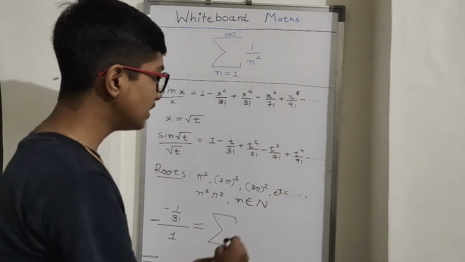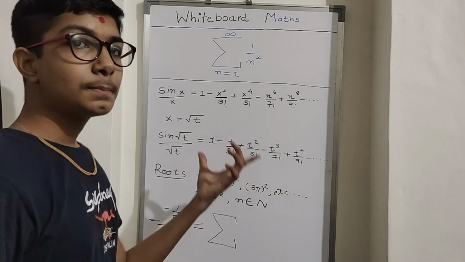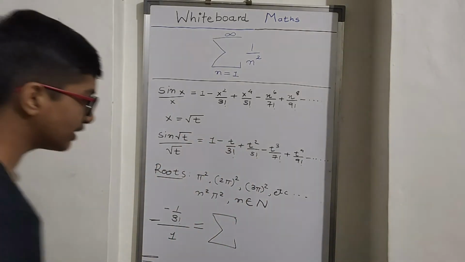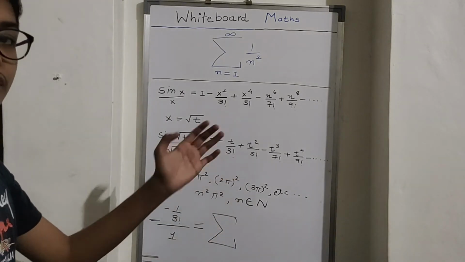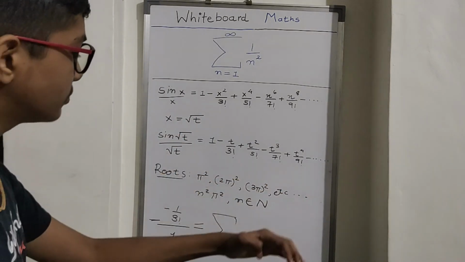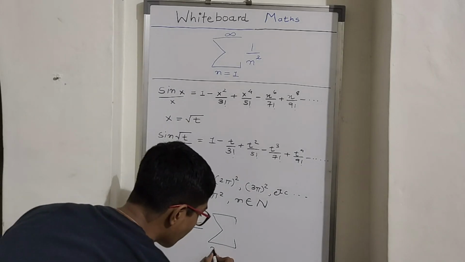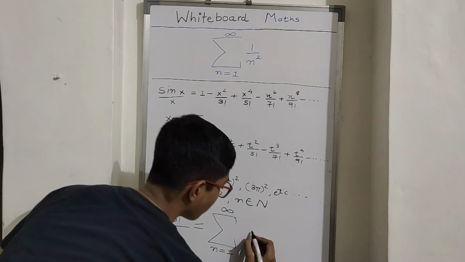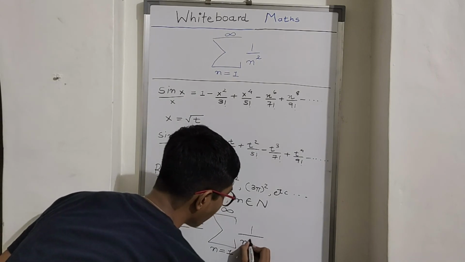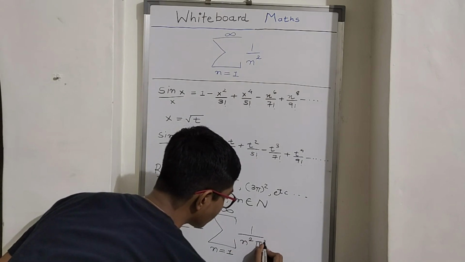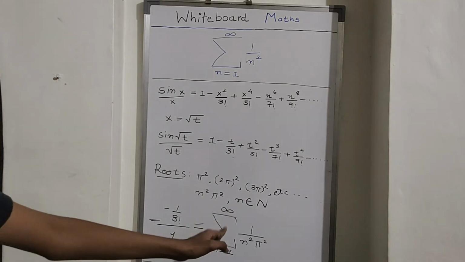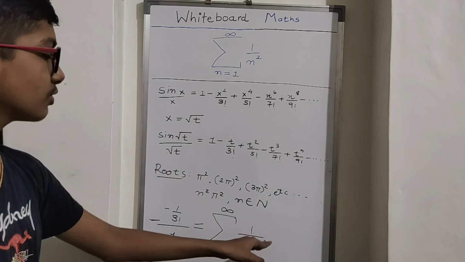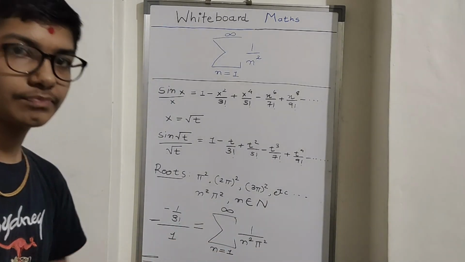So we could safely take it as a polynomial of infinite degree, and now here we will get the sum of the reciprocals of all of these roots. So this will equal to the sum n going from 1 to infinity of 1 divided by n squared times pi squared.